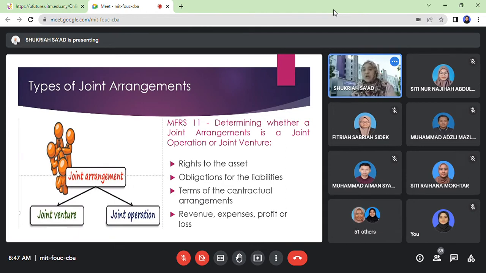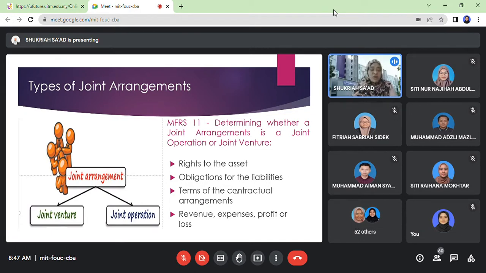Number two, their obligations for the liabilities. Number three, of course, the terms laid out in the contractual arrangement. And number four, the sharing of revenue, expenses, profit and loss.